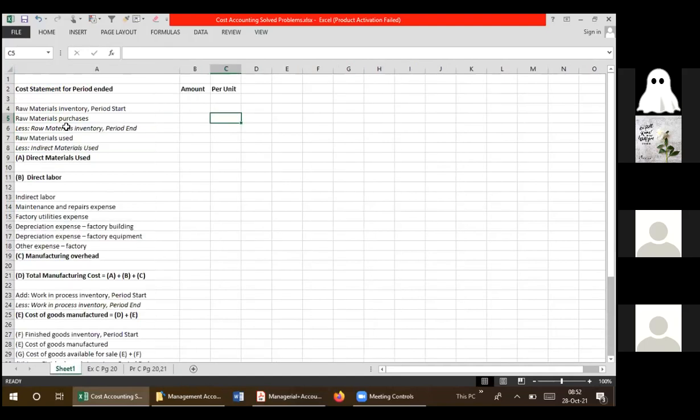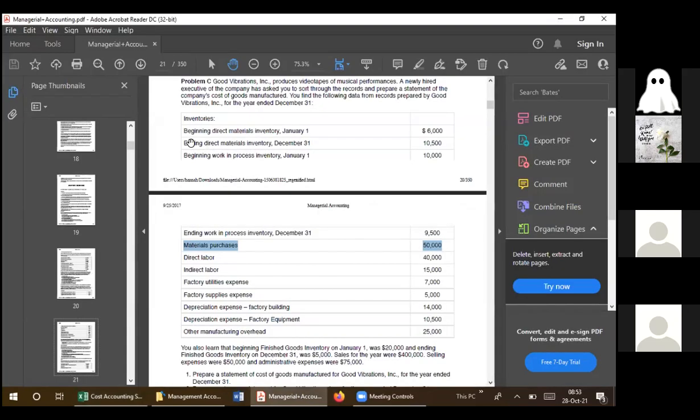After that, we need raw materials inventory at period end, that is, less raw materials inventory. So this is the ending raw materials we have here: ending raw materials is 10,500, or ending direct material inventory.